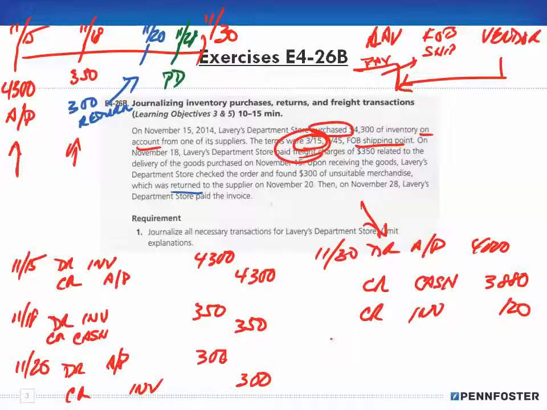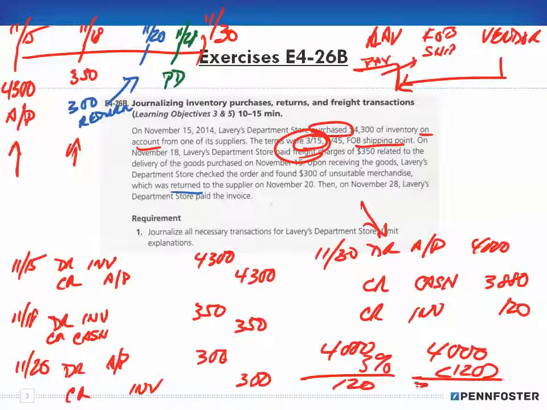We're taking a 3% discount, so on 4,000 we're paying 97% of it, and that's how we got our 3,880. I could have said, I have a 3% discount, so I take the 3% and end up with 120, and then I take the 4,000 and subtract 120 and still end up with 3,880. Both ways work. I end up paying the 3,880 here, and I calculated my discount of $120.